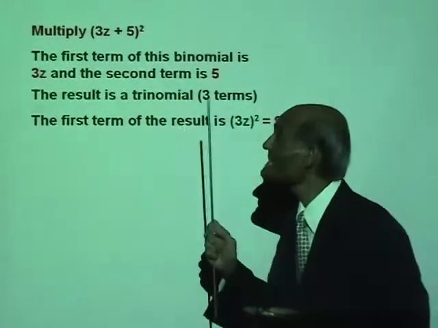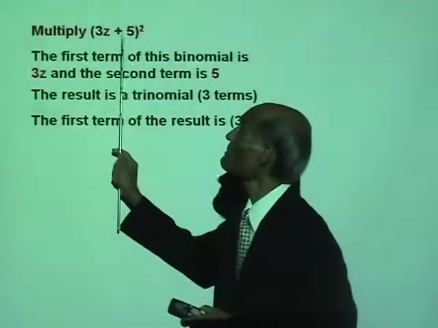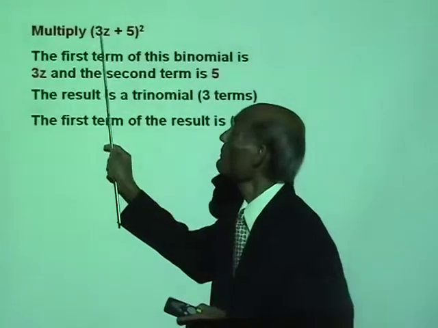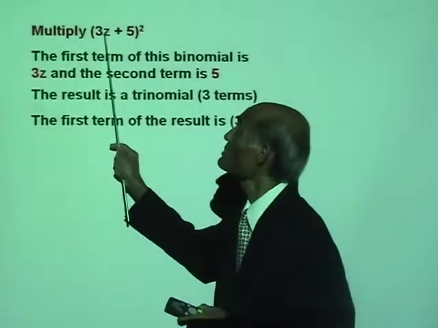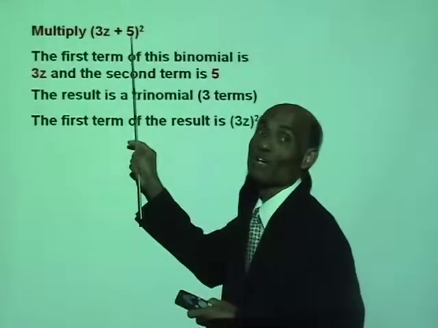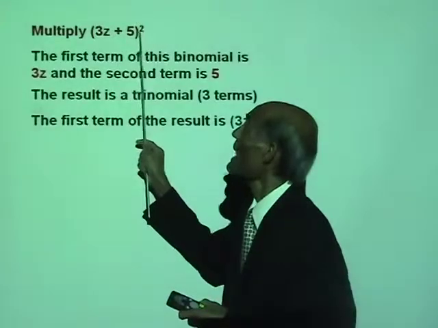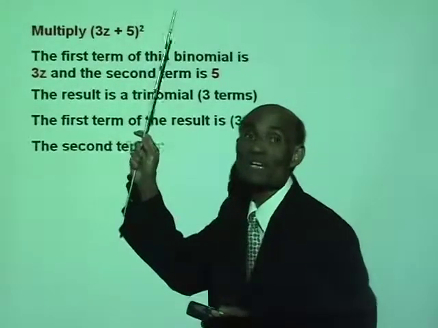What will be the second term of the expansion? The second term of the expansion is obtained by multiplying the two numbers together. What is 3z multiplied by 5? 15z. Then multiply that with the power. So that will be 30z.